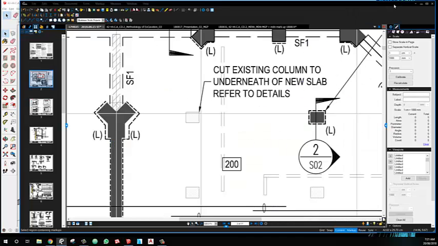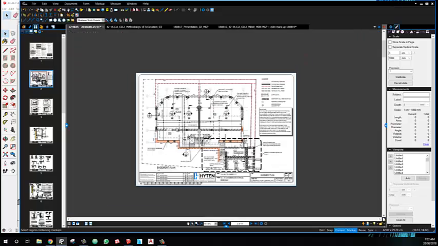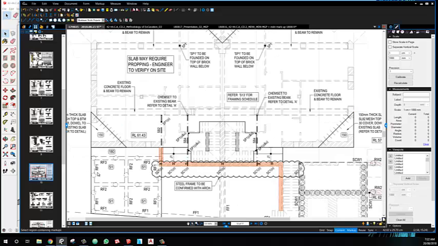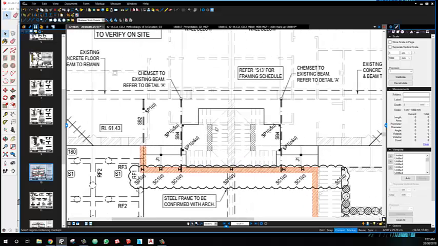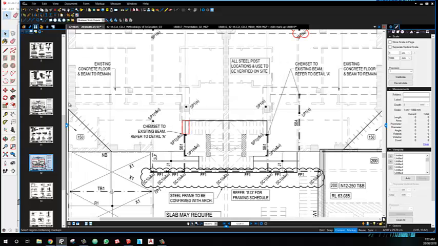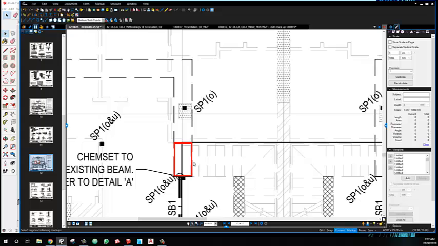The second issue is that, okay, this is the ground floor and we have a beam coming above. So I go to the next level, here. This beam turns around and we have it cantilevered in this area, and we cannot have it because of the stairs.